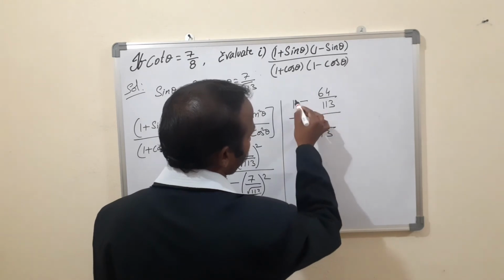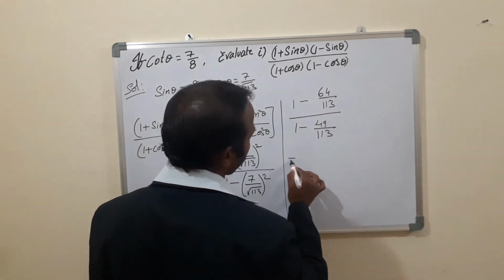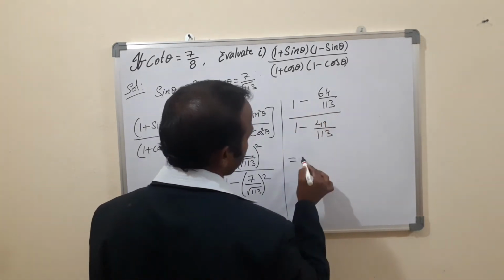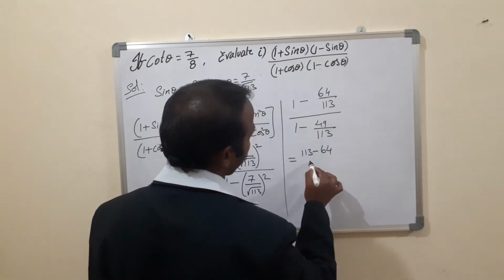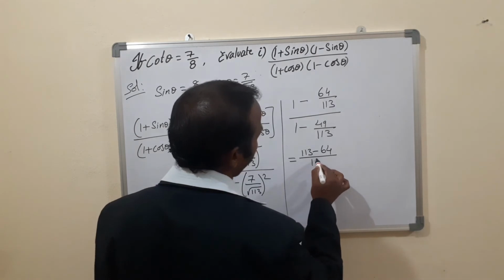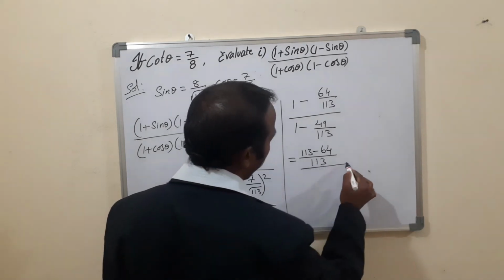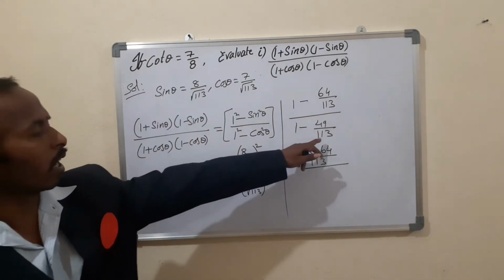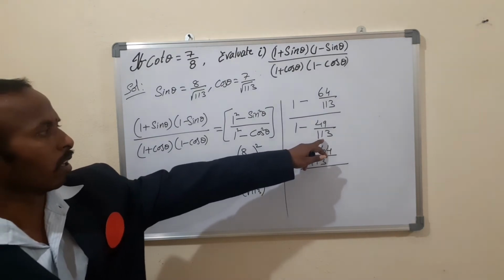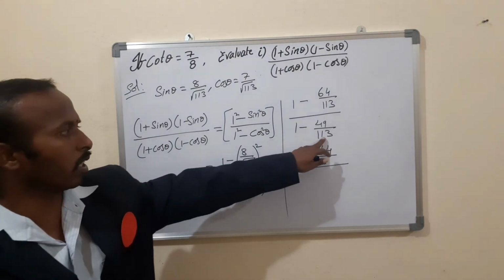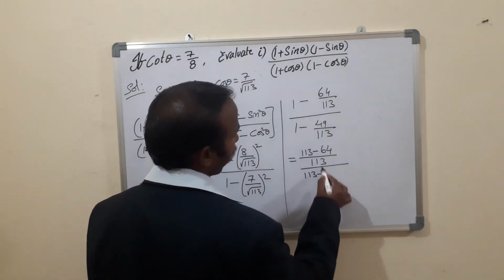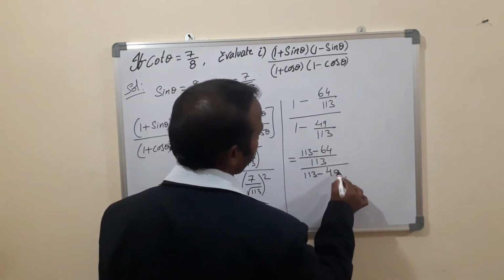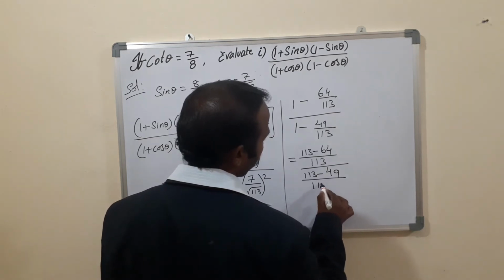Now take the LCM. If you take the LCM, 113 once 113 minus 64 by 113, whole by, now here again take the LCM, 113 into 1, that is 113 minus 49 by 113.